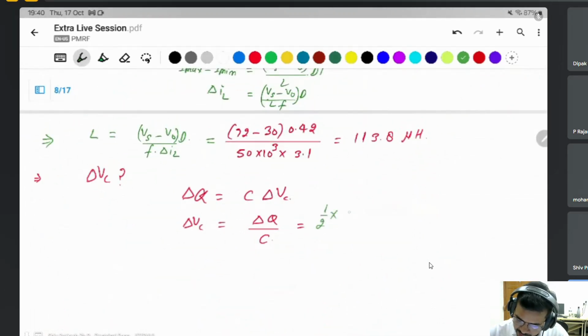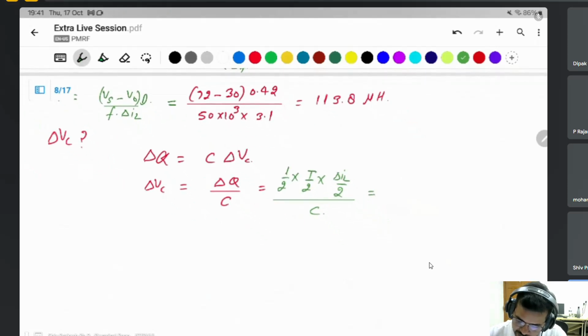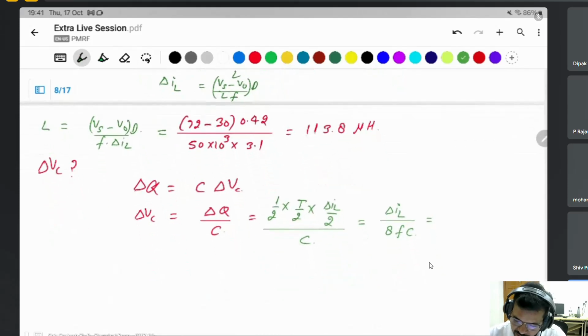Half base is time T by 2 and the height is delta IL by 2, divided by F C. Then this will be T, which is 1 by f, delta IL by 8 F C. Delta IL we have already calculated, (Vs minus V naught) into D, by 8 F square L into C.